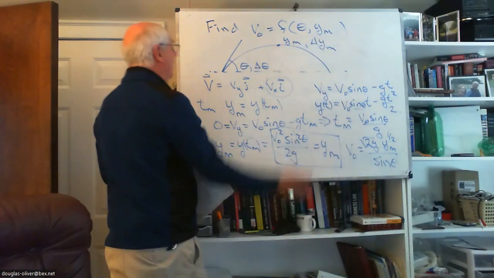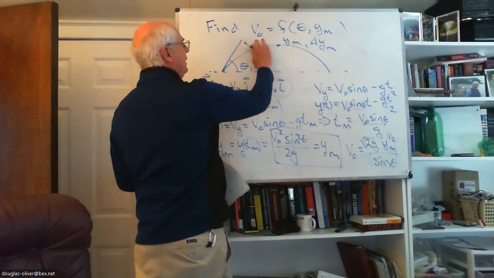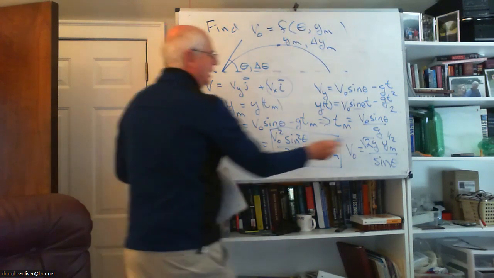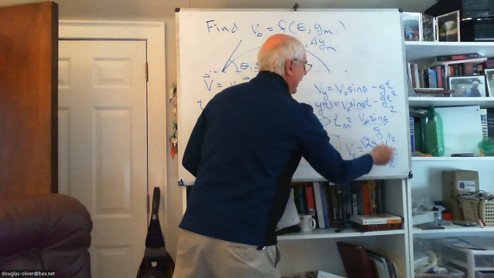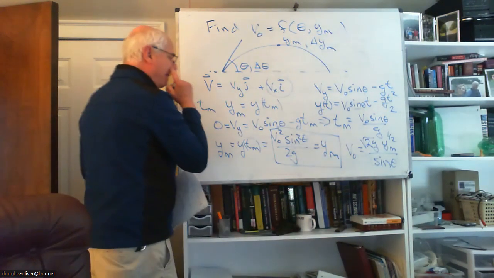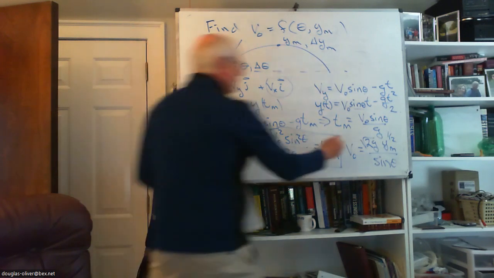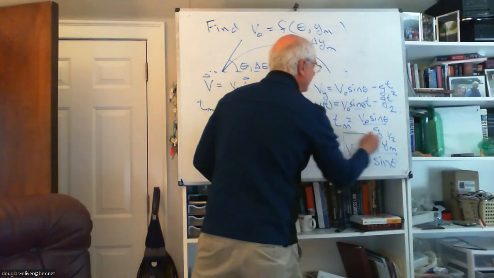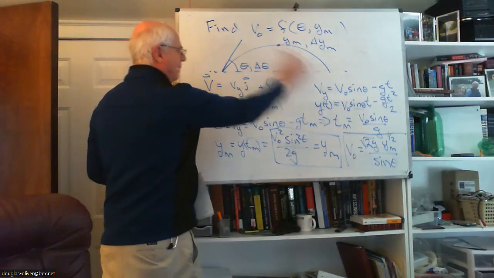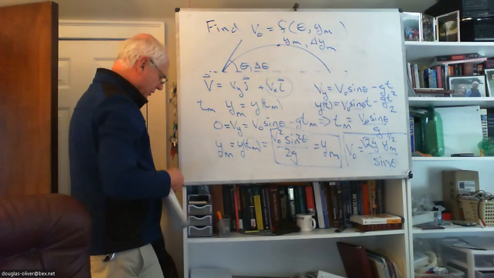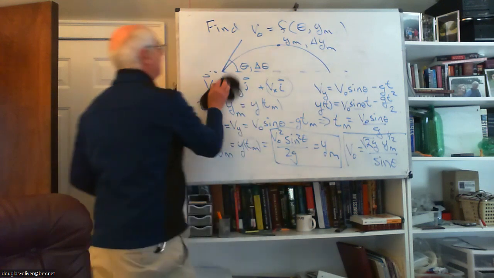So that's my function: V0 is a function of theta and y max. Now I'm going to erase everything else besides this, so we'll see what we're going to do with that.